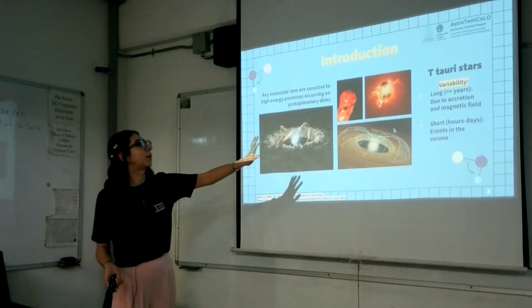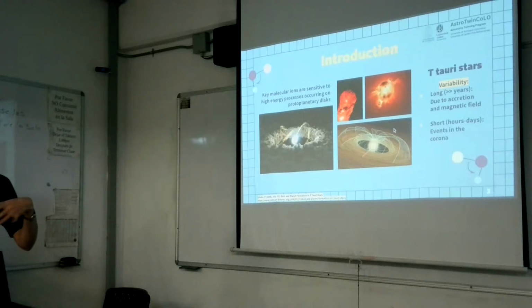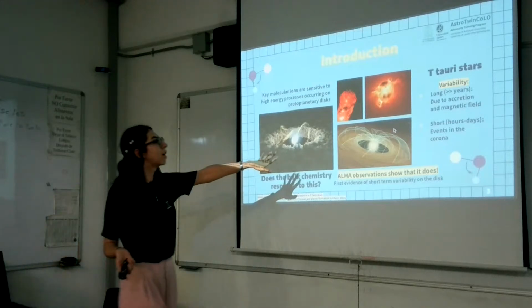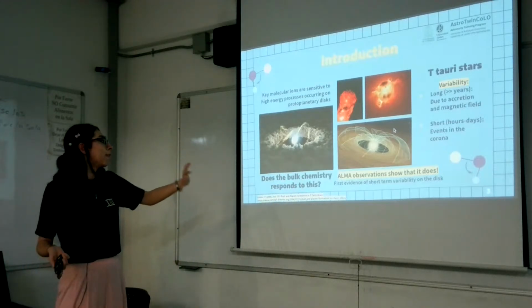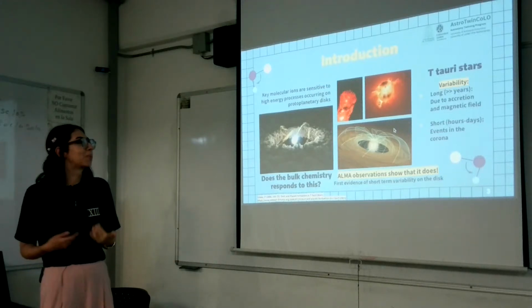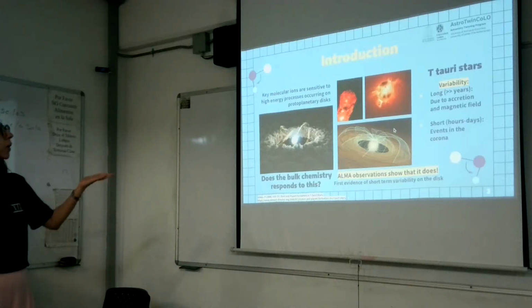And the short-term variability can be due to events in the corona, like for example our sun that has these storms or flares. So they were like, okay, we have this phenomenon, does the disk chemistry respond to this? Actually, the ALMA observations show that it does. And this is what we are going to take a look at today.